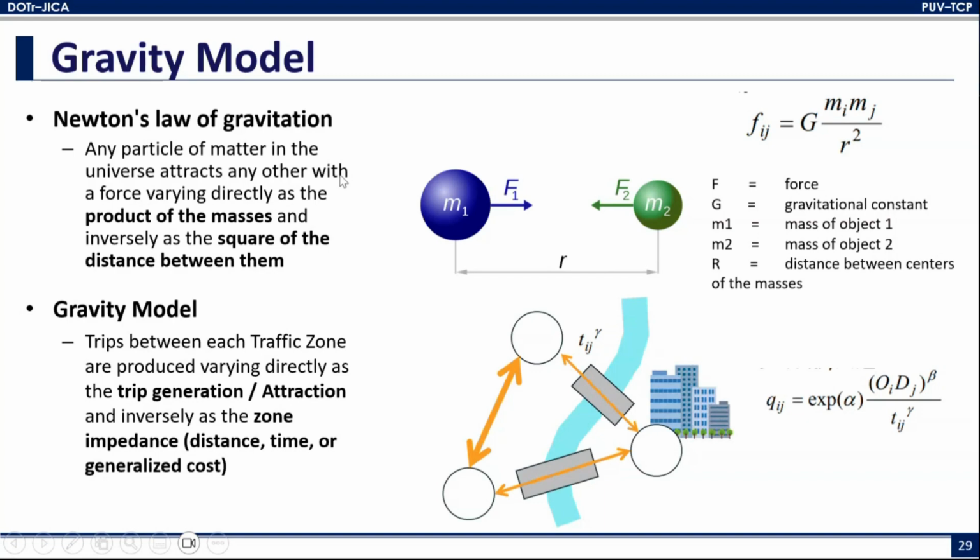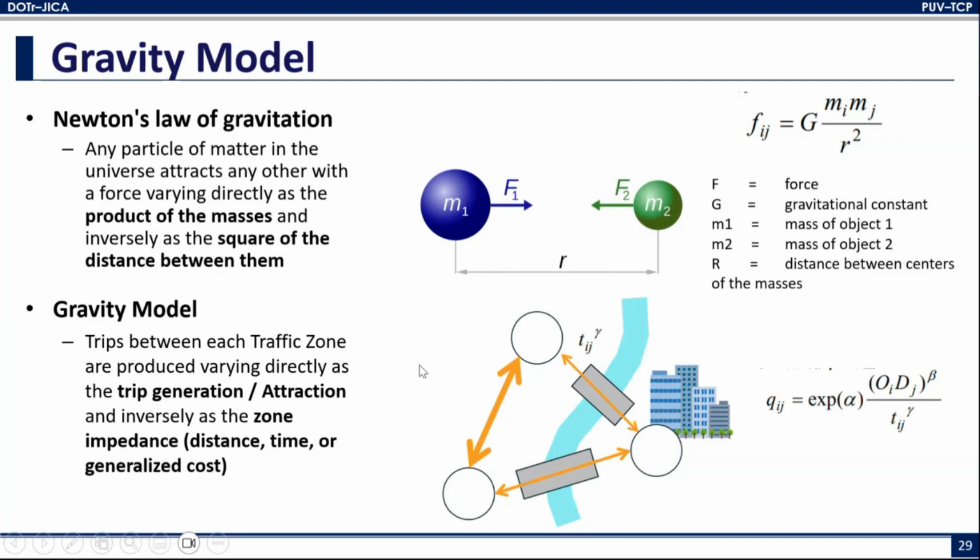However, the gravity model estimates the trips between each traffic zone, assuming that trips produced vary directly with trip generations and attractions, and inversely with the zonal impedance. In that case, impedance is trip distance, travel time, or generalized travel cost.